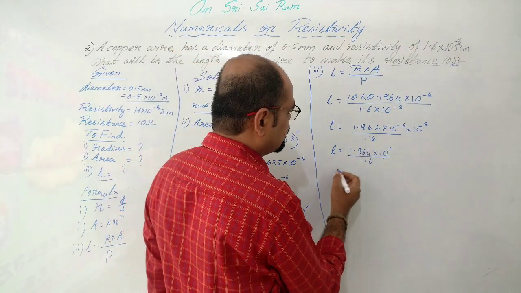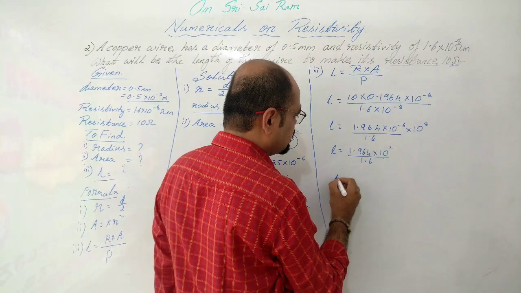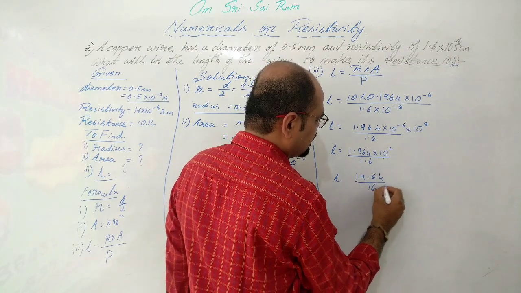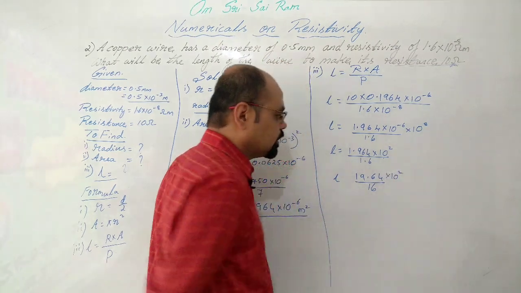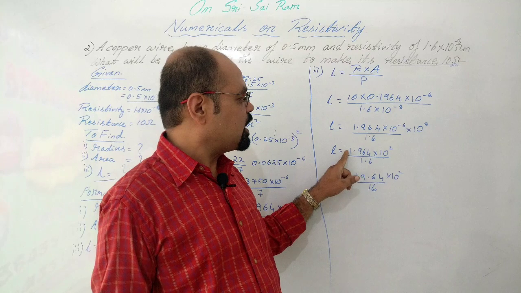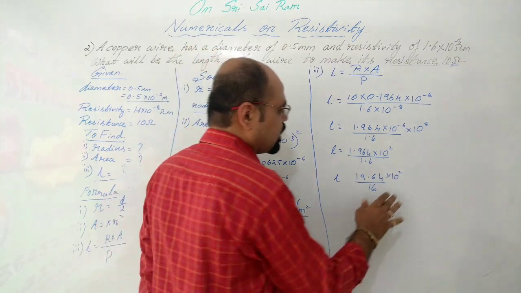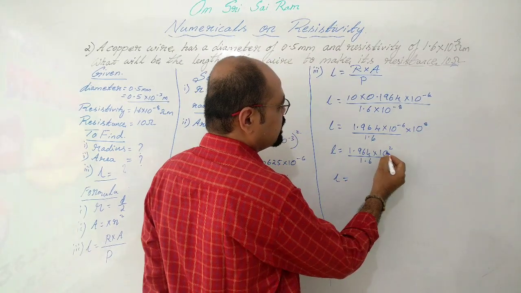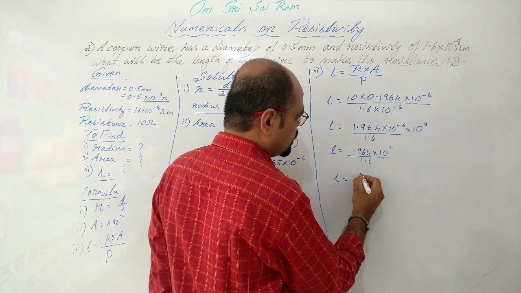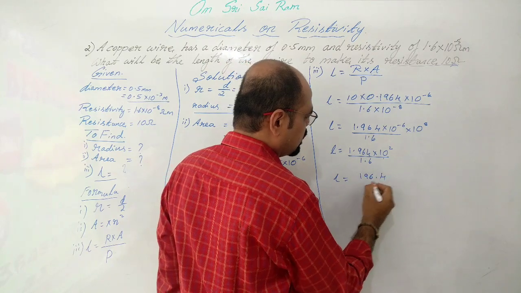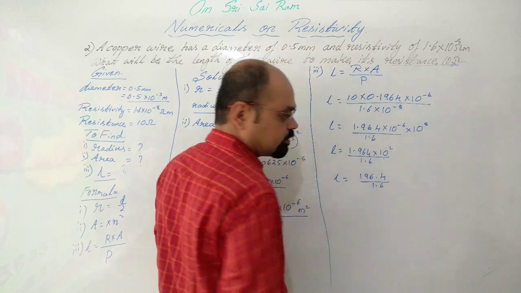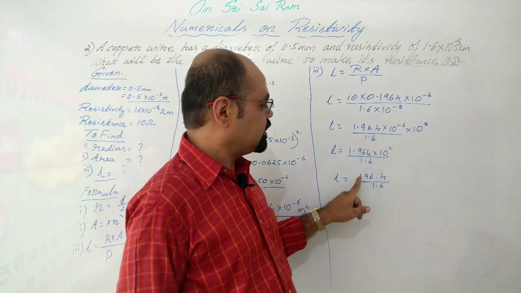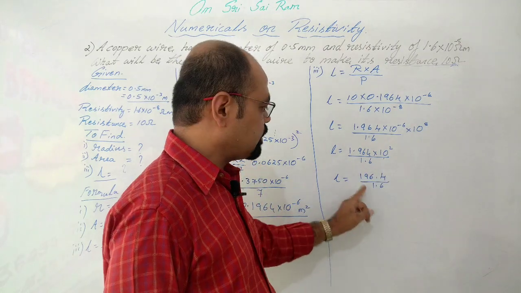Now 1.964 we can also write as 19.64 divided by 16, into 10 to the power of 2. Or you can multiply in a different way: 10 square is 100, and 1.964 into 100 is 196.4, divided by 1.6.